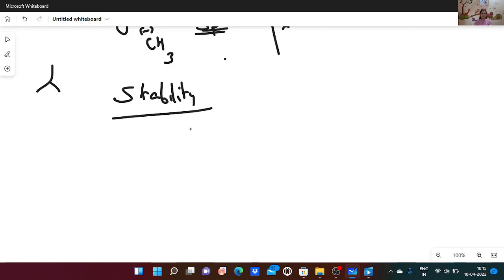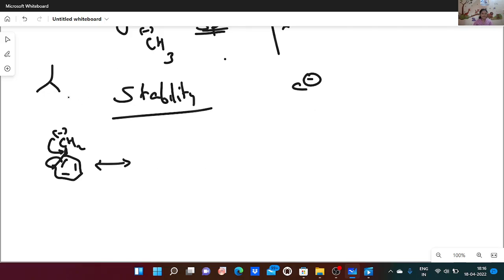Stability means what? Stability of carbanion is usually by delocalization of charge. So as we have seen in the case of carbocation, benzyl carbocation we had. Similarly, benzyl carbanion also you can write. Then what? In the case of benzyl carbanion, this negative charge can be delocalized.